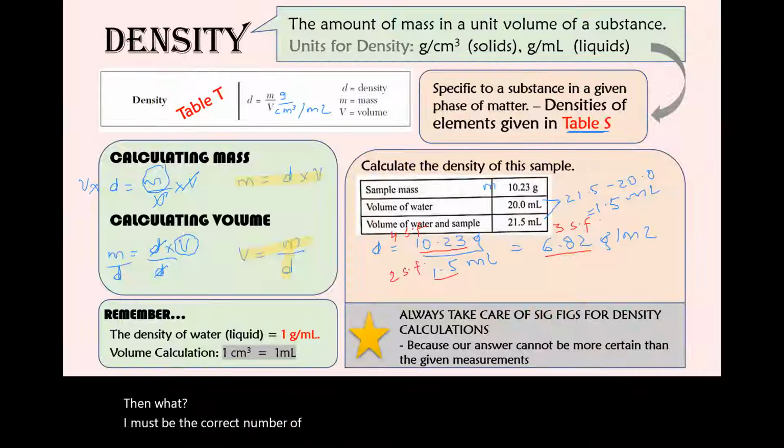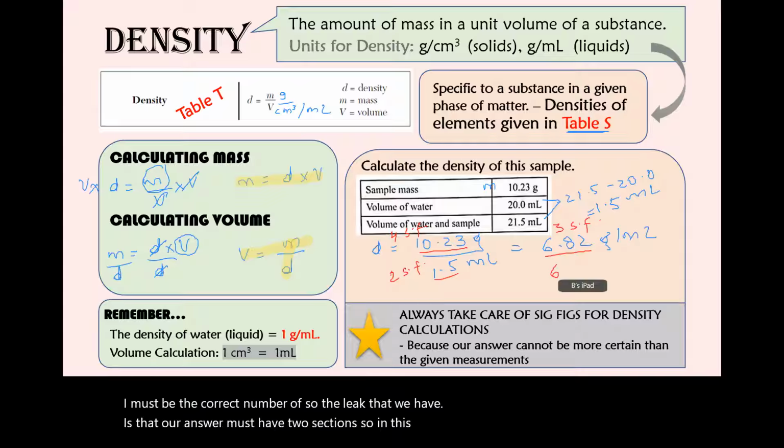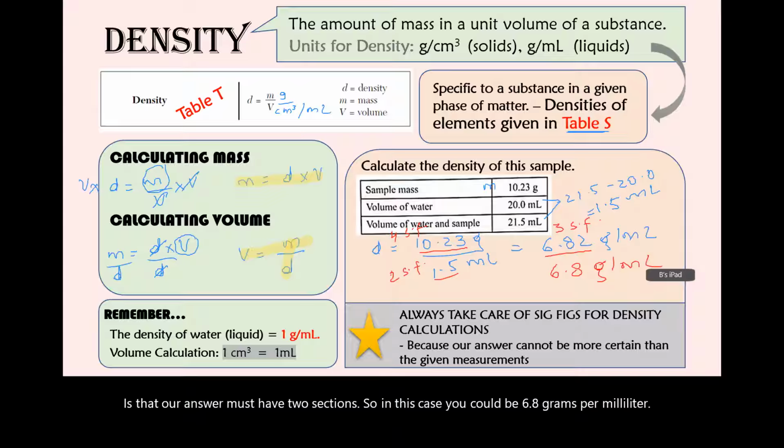The least number of sig figs that we have in the measurements is 2. That means our answer must have 2 sig figs. So in this case, that's going to be 6.8 grams per milliliter. All right. So always, always, always, even if the question does not say that, take care of the sig figs for your density problems.